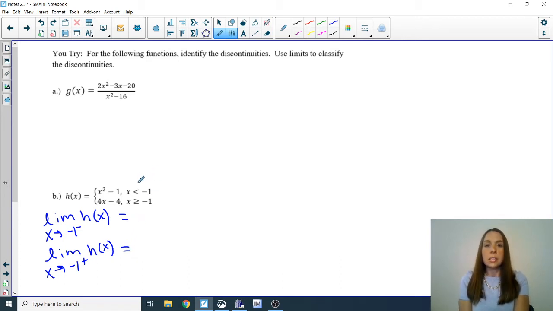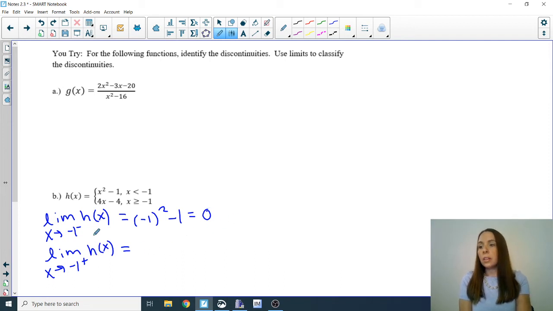So when x is less than -1, that means you are to the left of -1. So to find the limit as x approaches -1 from the left, you would be using this piece. And so you would be taking (-1) squared minus 1. (-1) squared is 1. 1 minus 1 is 0. And so that's the left-hand limit.